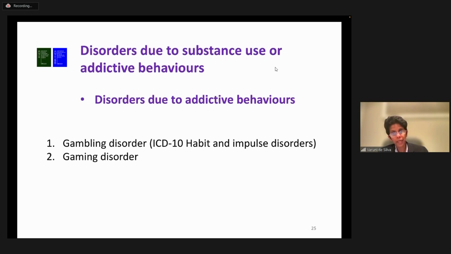Again, it's a recognition of behavioral addictions: you don't have to use a substance, sometimes even behaviors can lead to addictions, and that's why gambling disorder has been put in here. And of course, reflecting the new changes in society, gaming disorder has been included here as well.